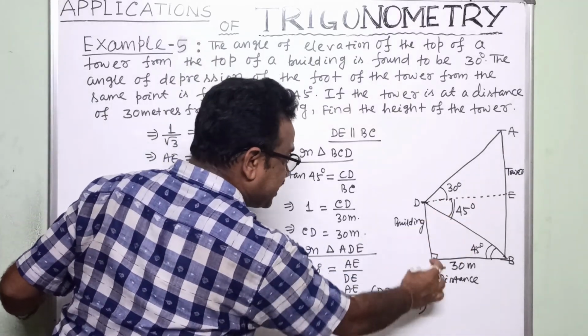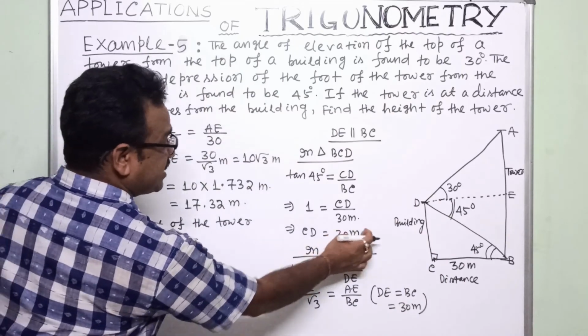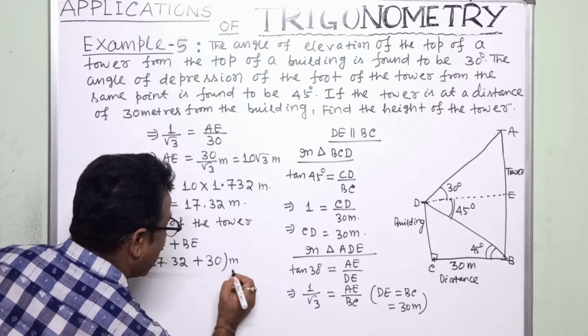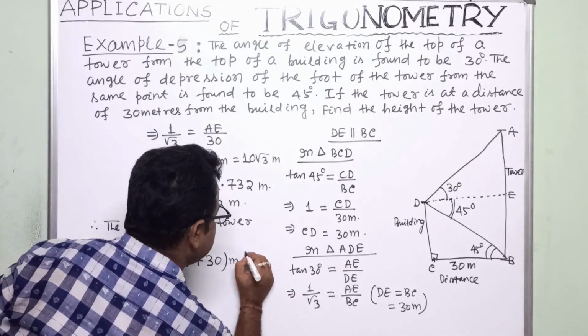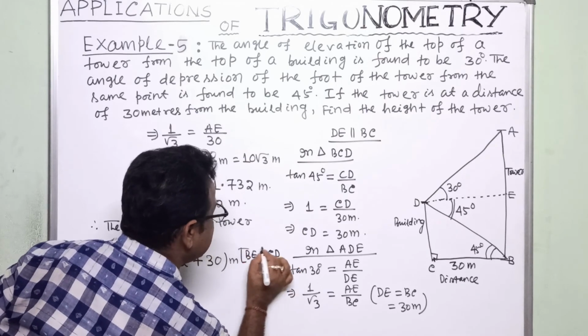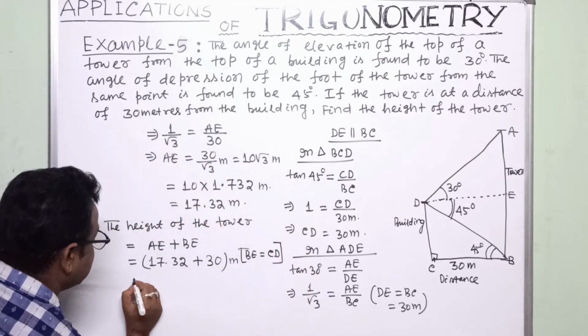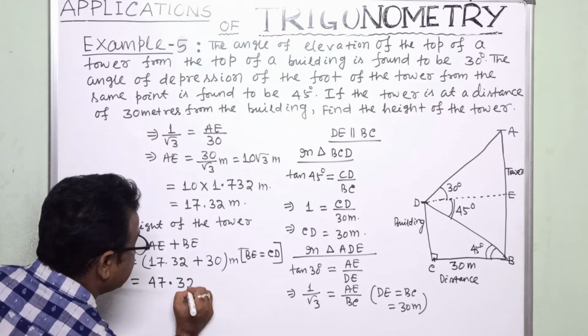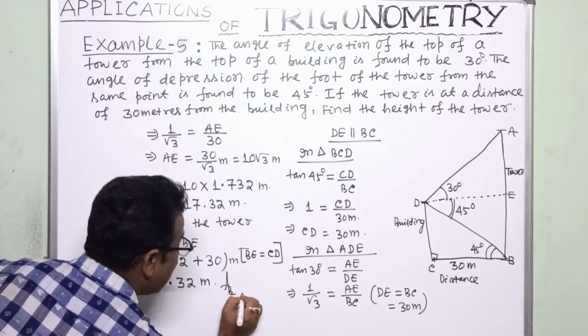BE is equal to CD, which is 30 meter. Why? Because BE is equal to CD. That is equal to 47.32 meter. This is the answer.